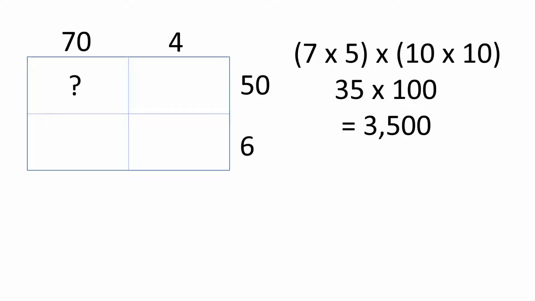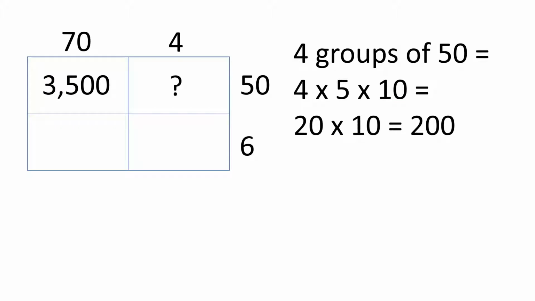So 7 times 5 is 35, 10 times 10 is 100, 35 times 100 gives us 3,500. Remember the skill that we did with just pretending like the zeros aren't there? 35 times 1 is 35, and then you have your 2 zeros back on the end.